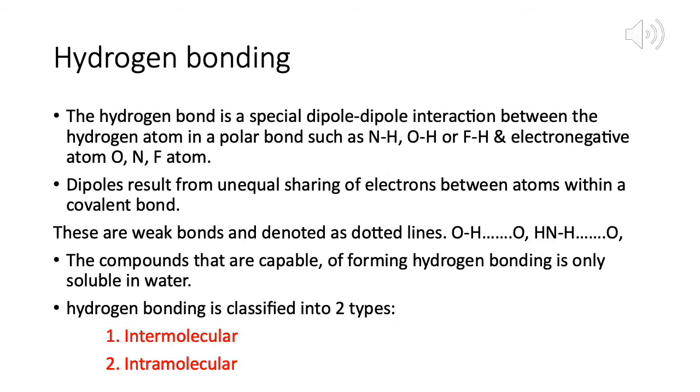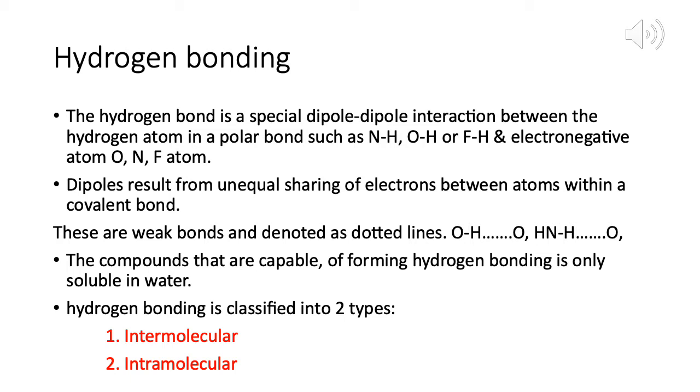Hydrogen bonding. Hydrogen bonding is a special dipole-dipole interaction between a hydrogen atom in a polar bond, such as nitrogen-hydrogen, oxygen-hydrogen, or fluorine-hydrogen, and an electronegative atom such as oxygen, nitrogen or fluorine.